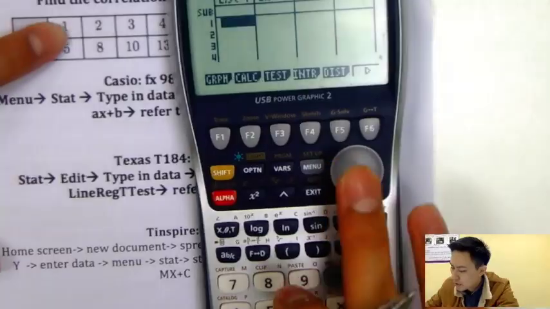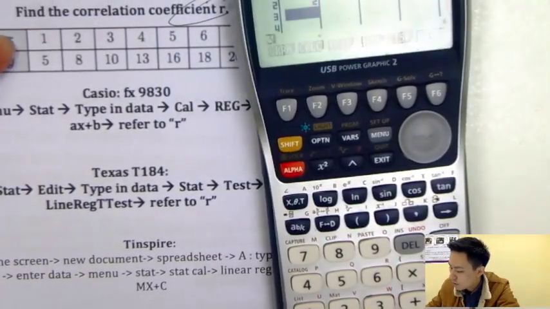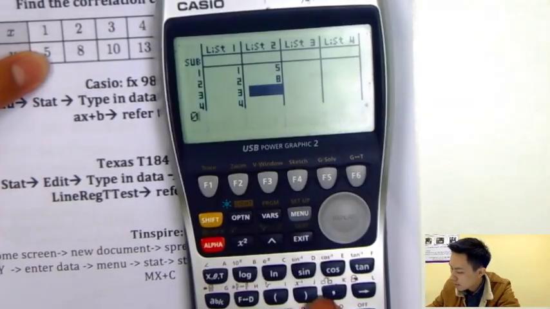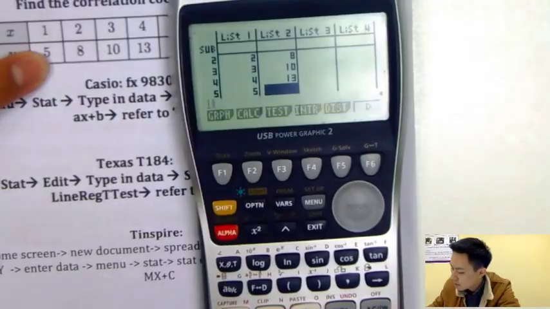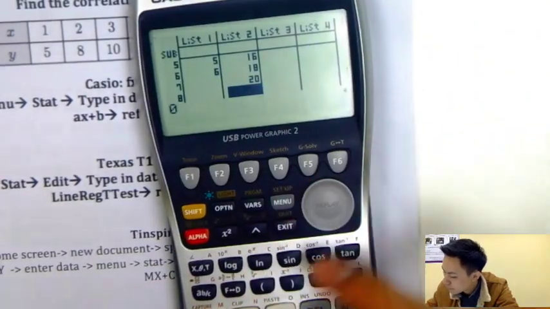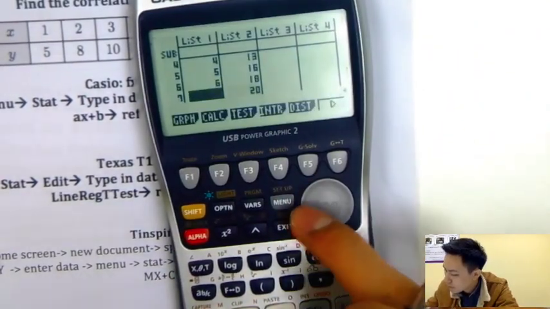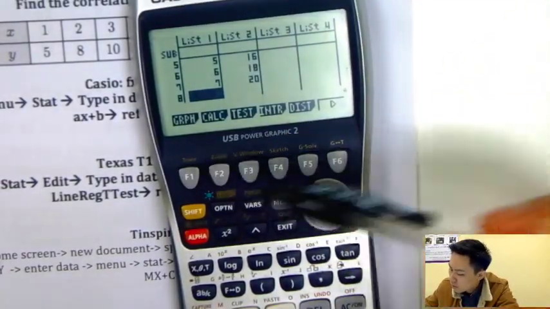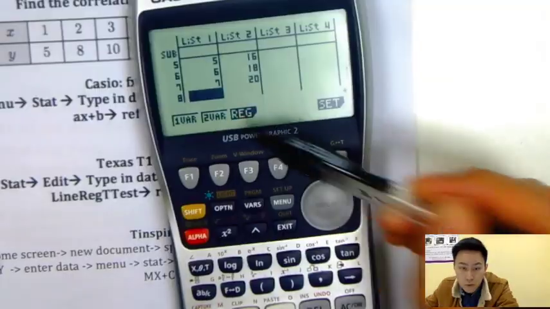You type in the numbers 1, 2, 3, 4, 5, and 6. For the second column, you type in 5, 8, 10, then 13, 16, 18, and then 20. Oh wait, this is 7. After you get this, we go calc, and then we go regression line.